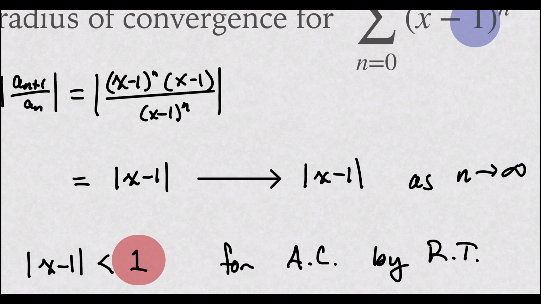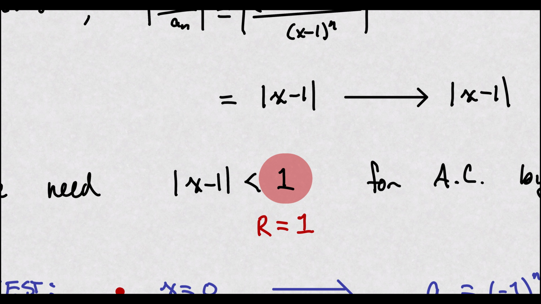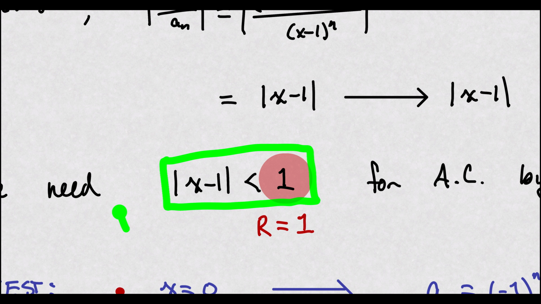We're doing the ratio test, and in the ratio test, you want the rho quantity to be strictly less than 1, and we're finding our rho quantity to be the absolute value of x minus 1.